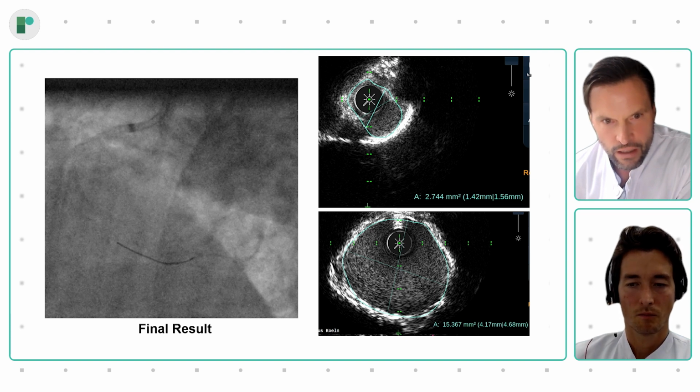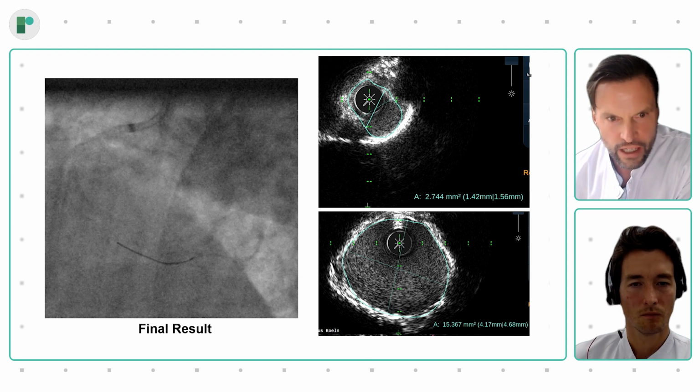In this case, with this eccentric plaque and the severe calcification, you might not have been able to just estimate the significance of the stenosis. So this is what we do then: we skip additional angiograms and just perform intravascular imaging, and then the situation is clear. And this is the reason why IVUS will help in such cases to reduce the amount of contrast.